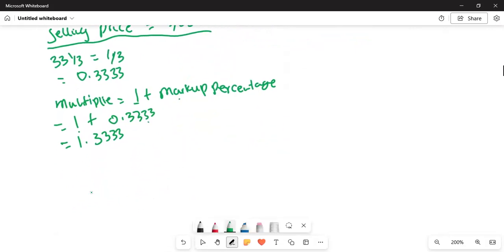Now on step 3, cost of sales is equal to selling price divided by multiplier.